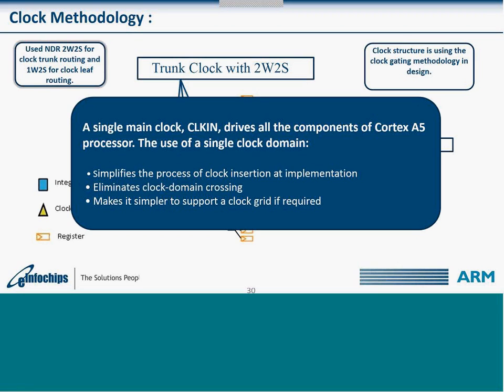Lastly, it makes it simpler to support a clock grid if required. For example, if we want to have our own custom clock tree, we can do that. So ARM Cortex A5 had that feature to customize it for the customer need.